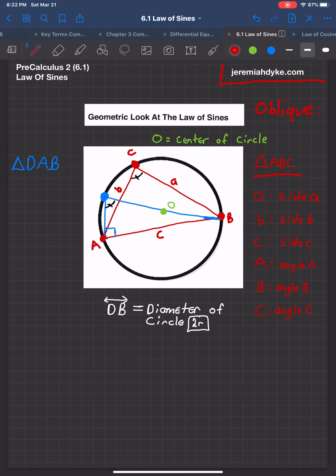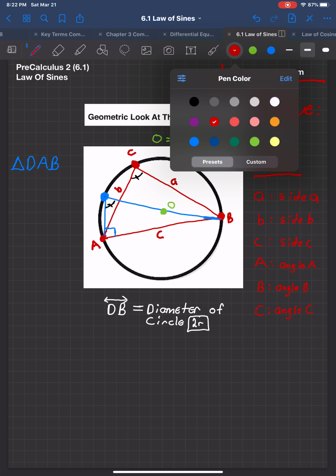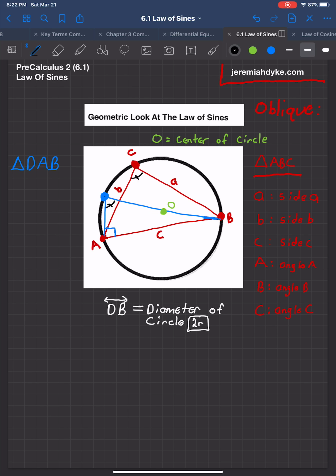All right, let us get back to our geometric look at the law of sines. I don't want to spend a whole lot of time on some of these preliminaries, but notice that I am going to label all the angles on the blue triangle as well. Let's call this D. So we have triangle ABC and we have triangle DAB.